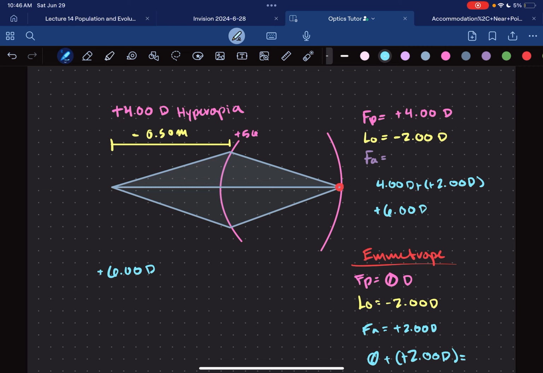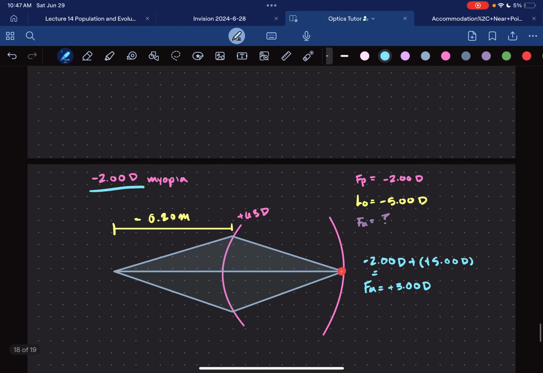I personally like to think, okay, what's the object divergence, or what's the near point that they're looking at, and the divergence of that. Flip flop it. And so if it's a -2, then an emmetrope's going to do a +2. And then for a hyperope, I'll just add on their prescription, and that's how much they're accommodating.